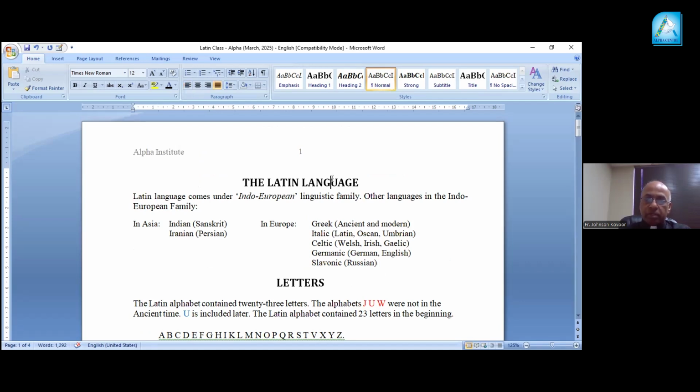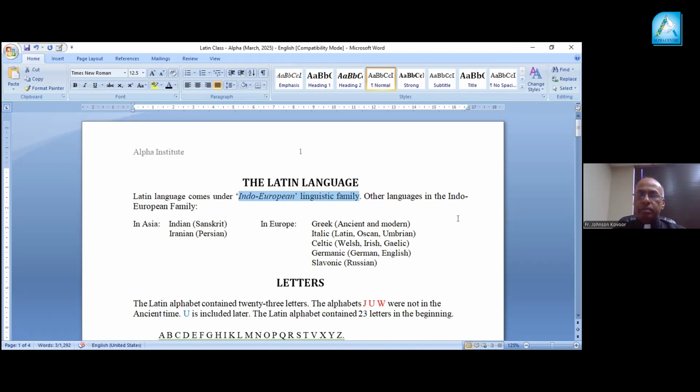The unit is the Latin language. First, we want to remember that Latin belongs to the Indo-European linguistic family. Hope that you can see the screen share.